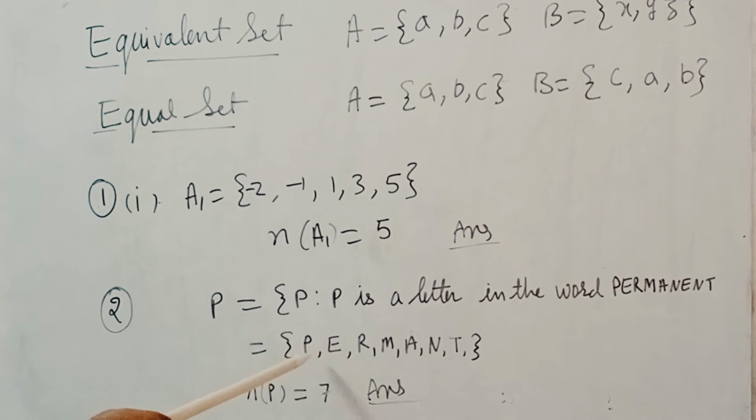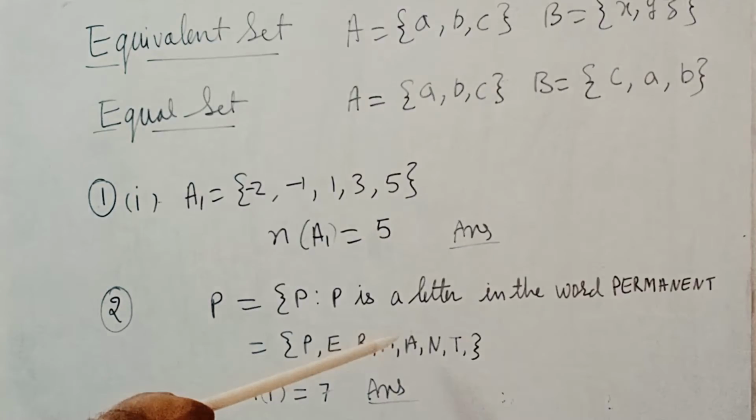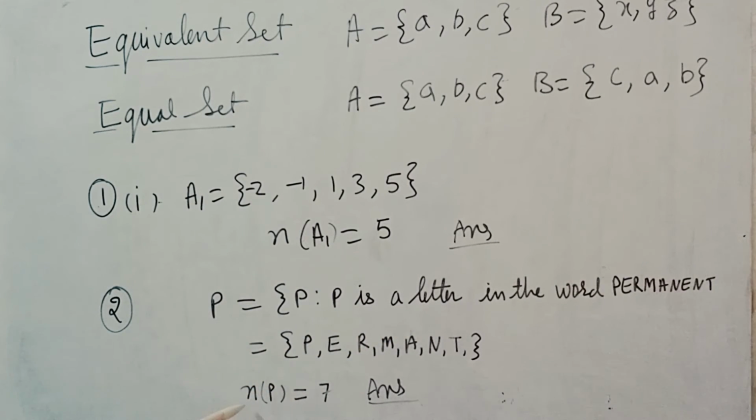So what we have? 1, 2, 3, 4, 5, 6, 7. So the cardinal number of set P is 7, written as n(P) equal to 7. In that manner you can do the other sums of question number 1 and 2.